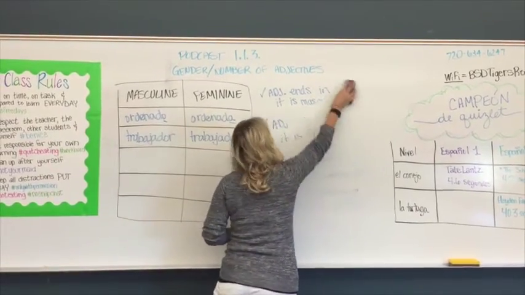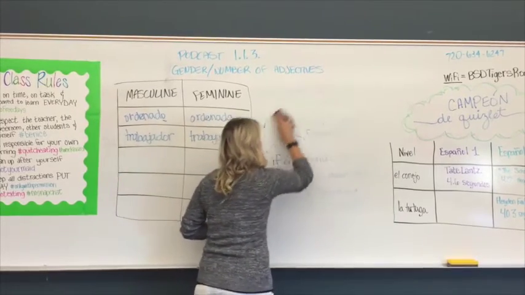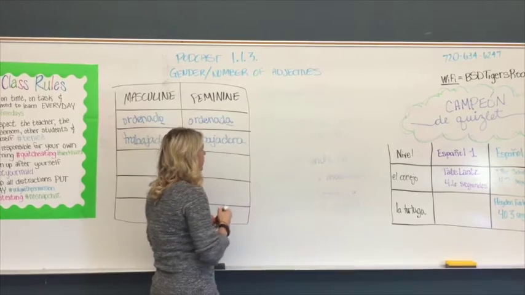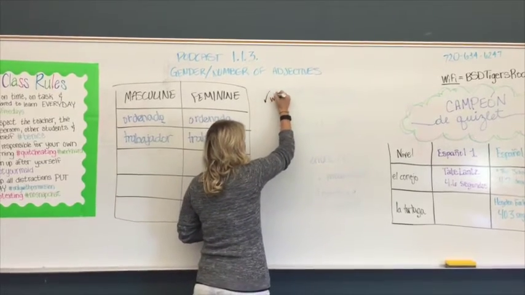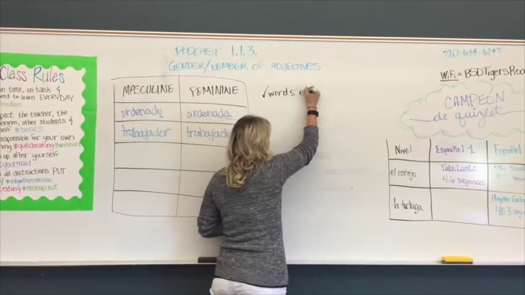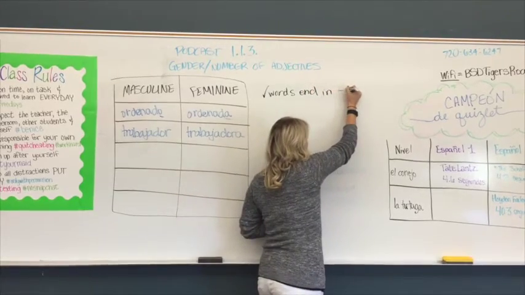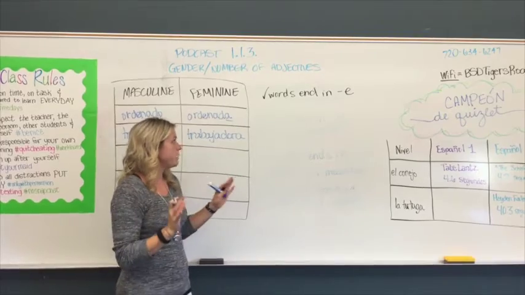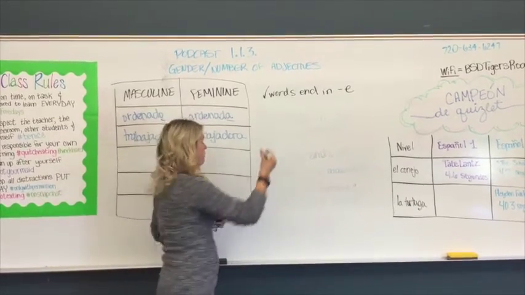Our exceptions are words that end in E and words that end in ista. So, words that end in E can go either way. They won't change. It'll always be E, but it can be masculine or feminine.